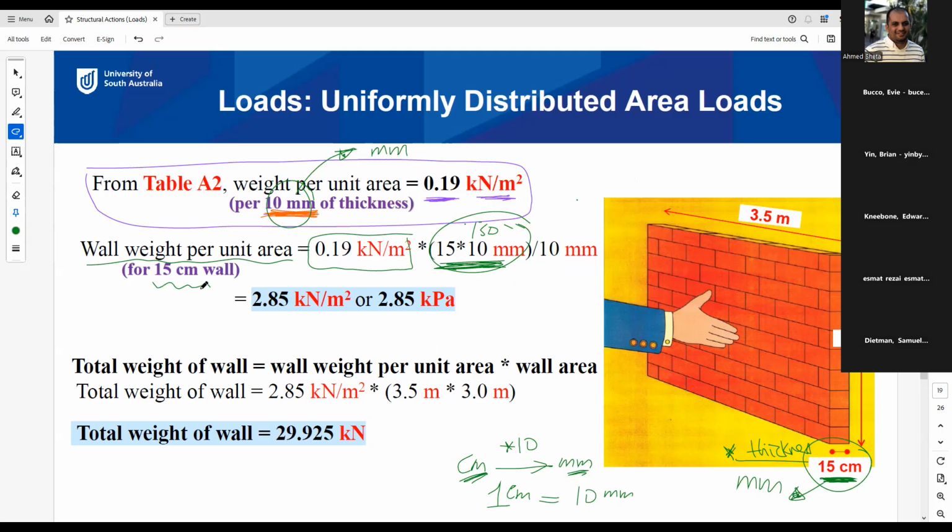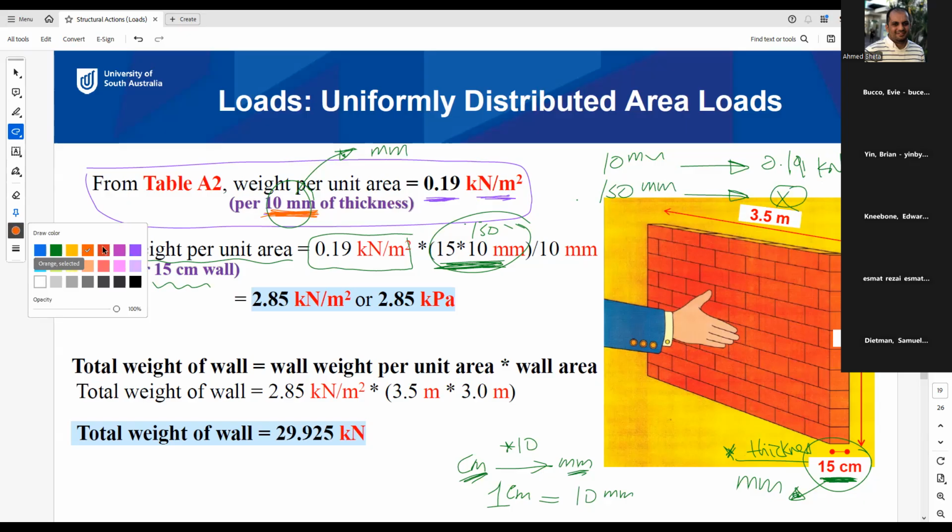It is like a relativity analysis. We have 10 millimeter thickness of the wall giving a weight of 0.19 kilonewton per square meter, right? So 150 millimeter will give us how much? X. X is the multiplication of these two divided by 10.